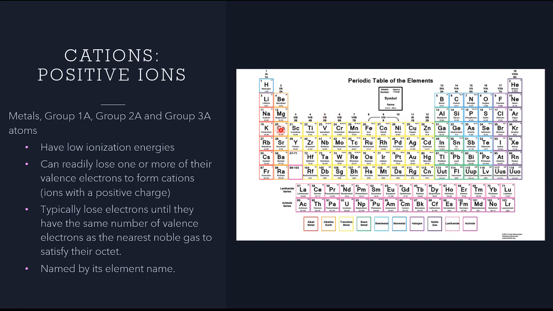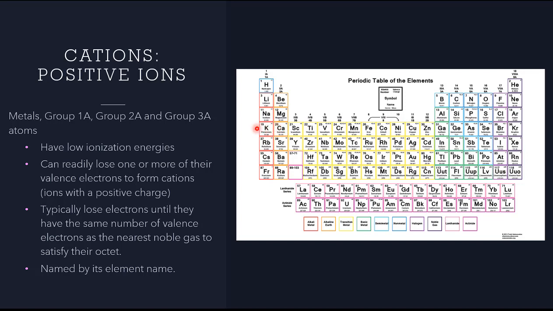So remember, we have very low ionization energy. We don't really care to pick up electrons. We would rather just give them up to drop down into the 3p's versus building up into the 4p orbitals to satisfy the octet.